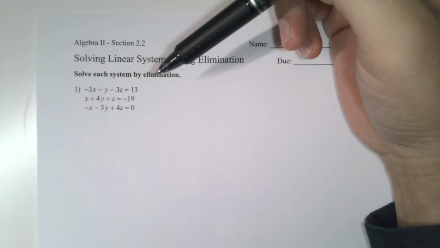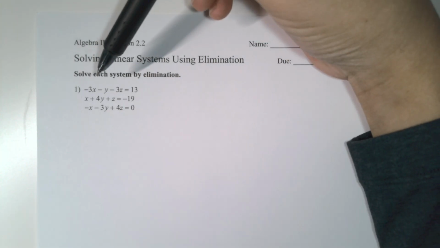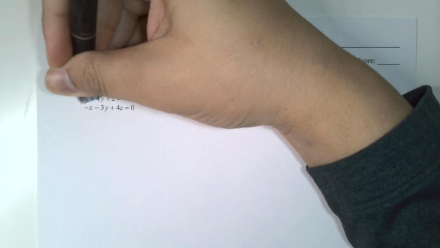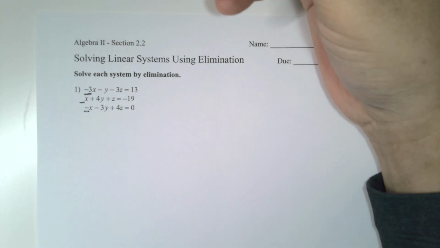So the first step is going to be that we have to choose a variable to eliminate. When we're choosing a variable to eliminate, we want to think of what's going to be the smallest numbers that we need to multiply each equation by to get variables to cancel.